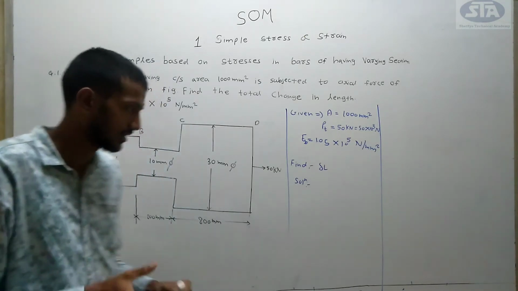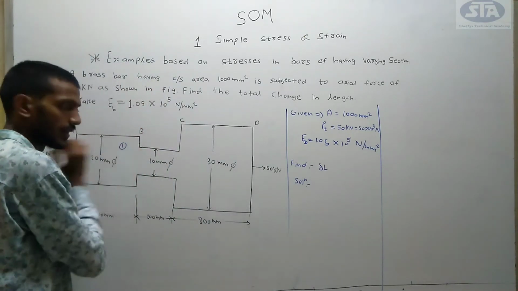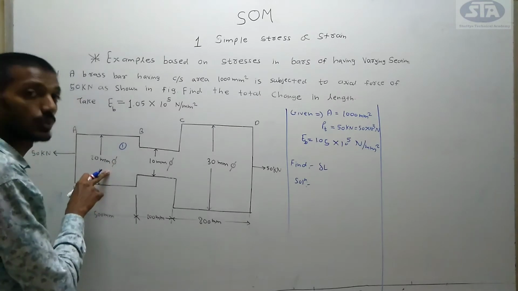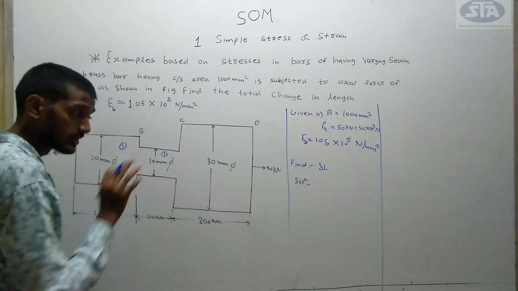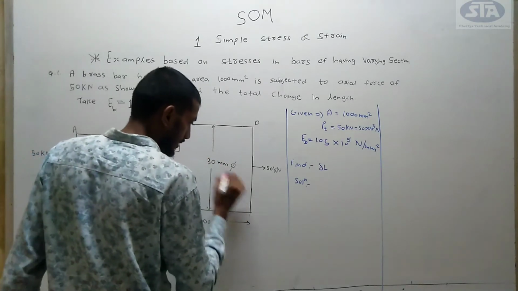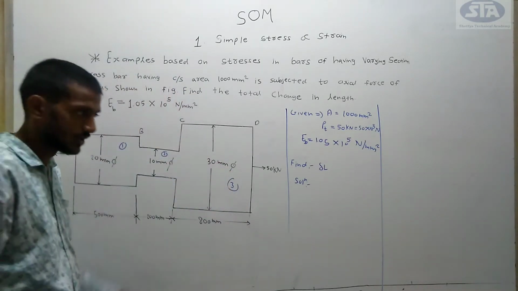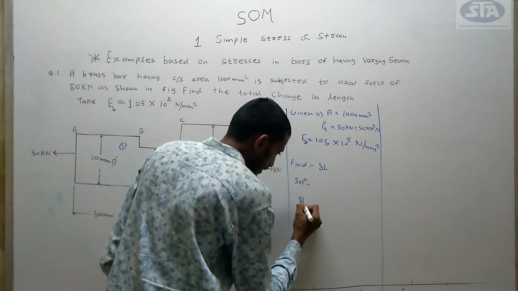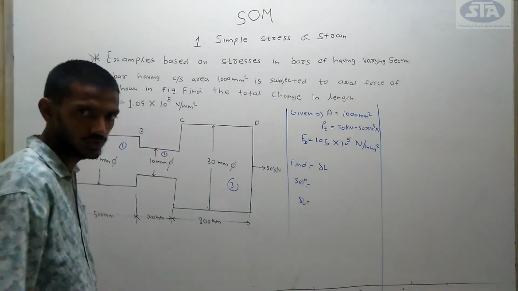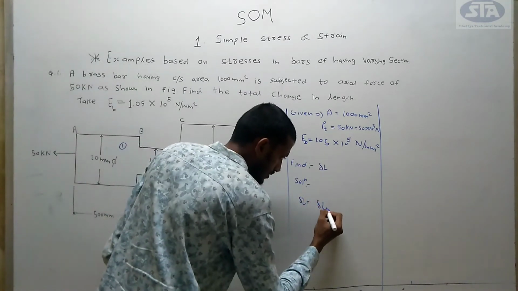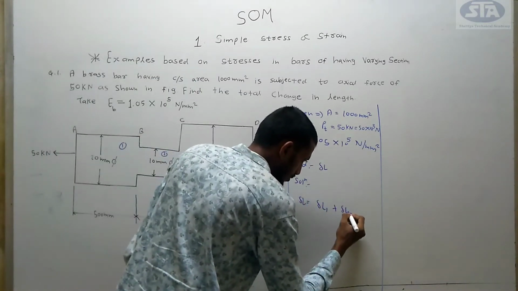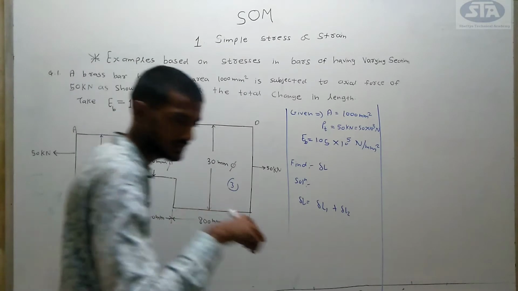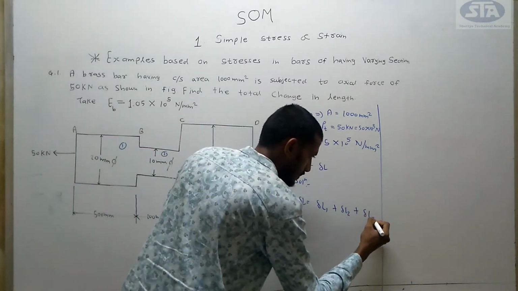Here there are 3 sections. Section number 1 is of diameter 20 mm, section number 2 diameter 10 mm, section number 3 diameter 30 mm. Hence delta L is equal to change in length for section 1 plus change in length for section 2 plus change in length for section 3.